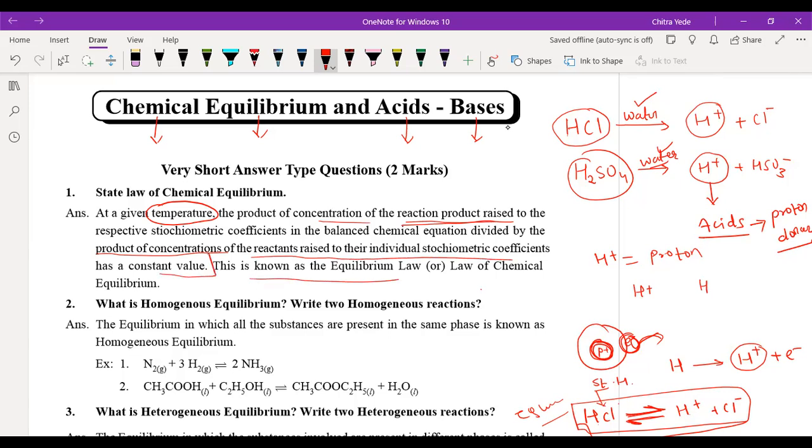This is known as the equilibrium law, or law of chemical equilibrium. Okay?